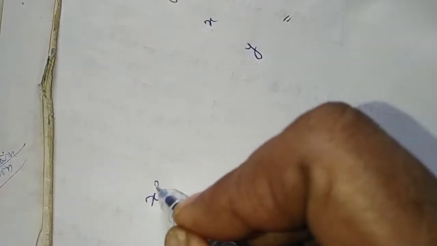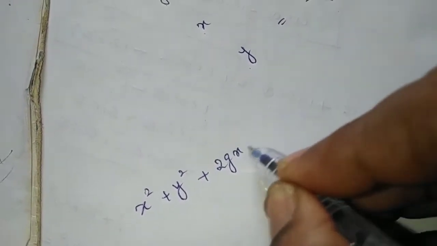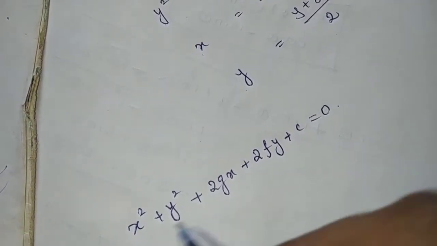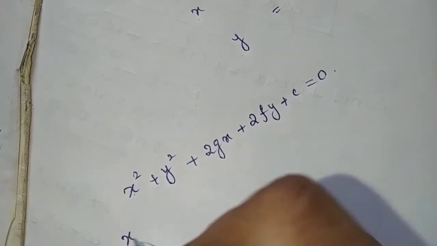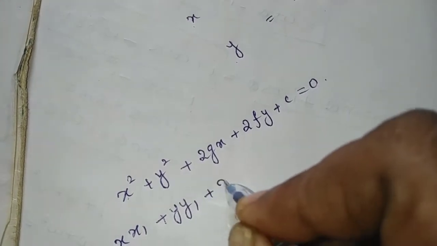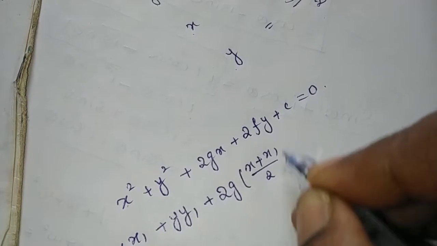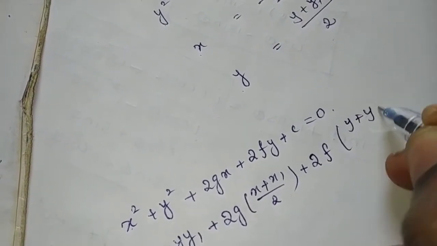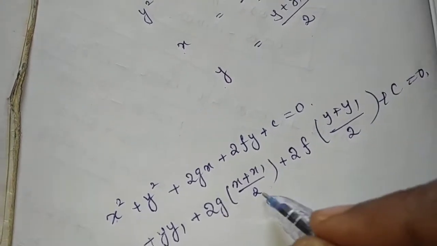Suppose I take the circle equation x squared plus y squared plus 2gx plus 2fy plus c equals 0. We want the tangent equation. Substitute x squared as xx1, y squared as yy1, x as (x plus x1) by 2, and y as (y plus y1) by 2, so we get 2g times (x plus x1) by 2 plus 2f times (y plus y1) by 2 plus c equals 0. The 2s cancel.